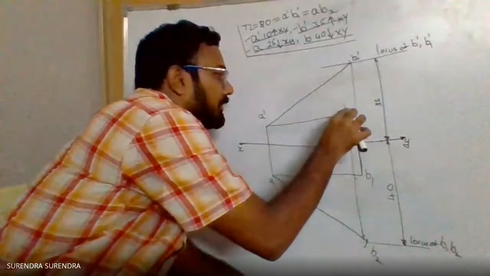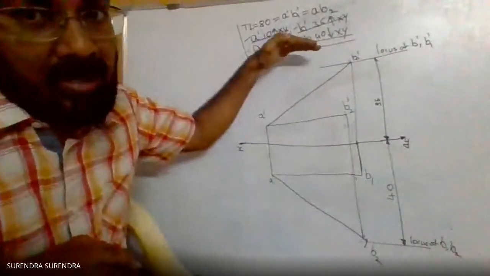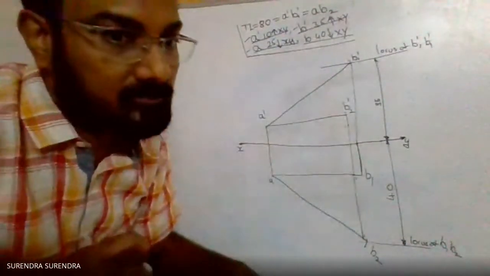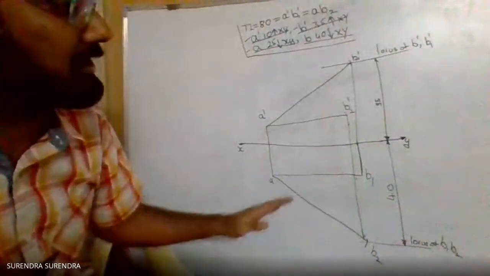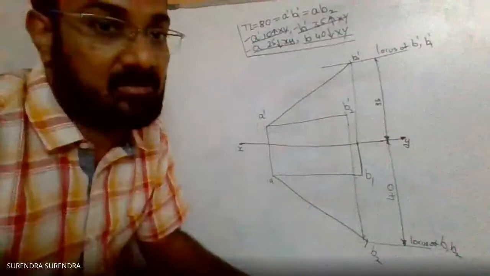The intersection point is B2 dash. In the front view we always use dashes, and the top view is without dashes. So we got the respective points B2, B2 dash, B1, B1 dash.